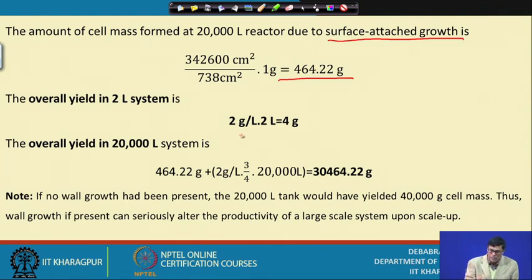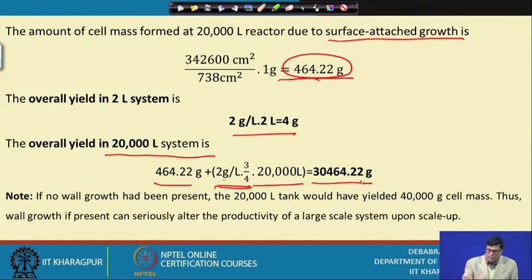Now 2 liters we have this much. So now in the 20,000 liters, how much will be there? Now here we can find out like this, that this is 2 gram per liter. 75% is in suspension. So the concentration was 2 gram per liter. So 3/4 into 20,000, plus this is due to the attached growth.